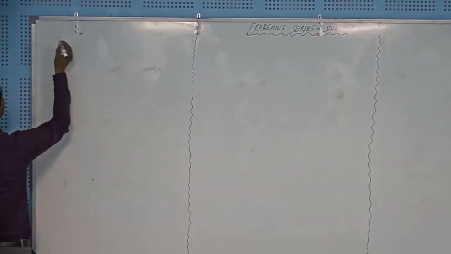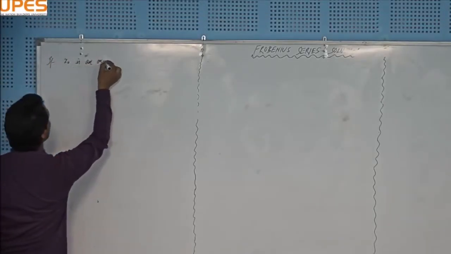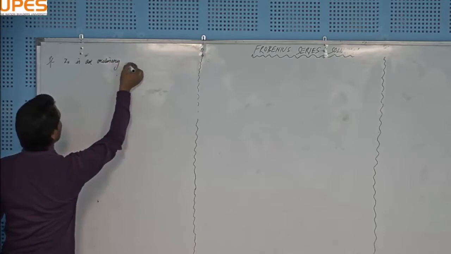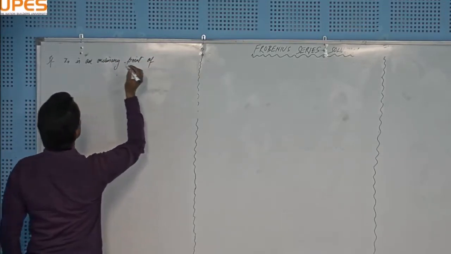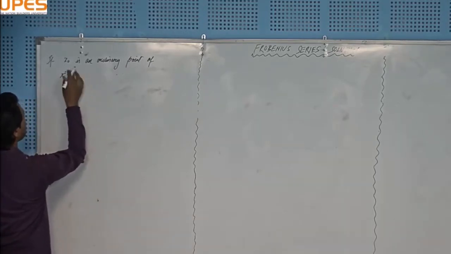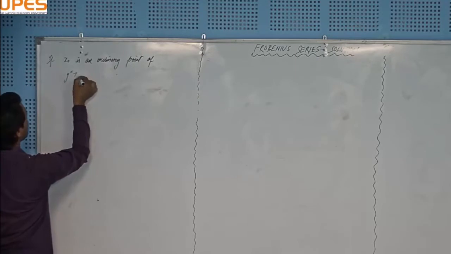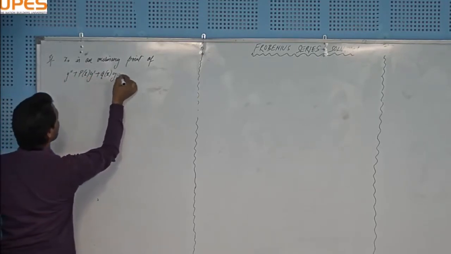That was, if x naught is an ordinary point of the differential equation, that is x square y double dash plus px y dash plus qx times y equal to 0.